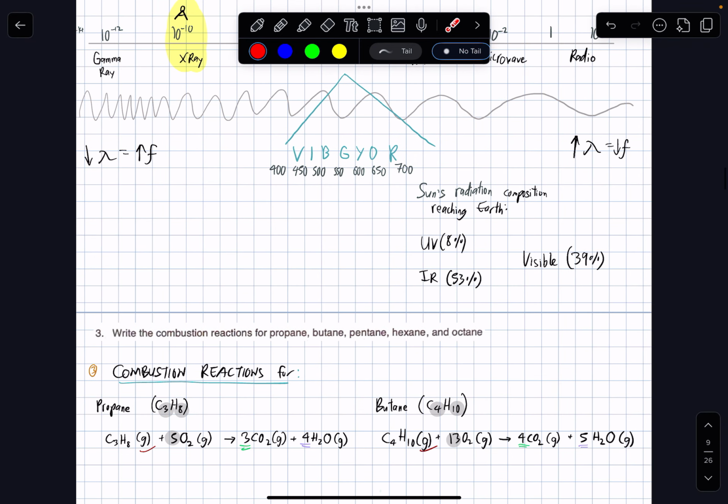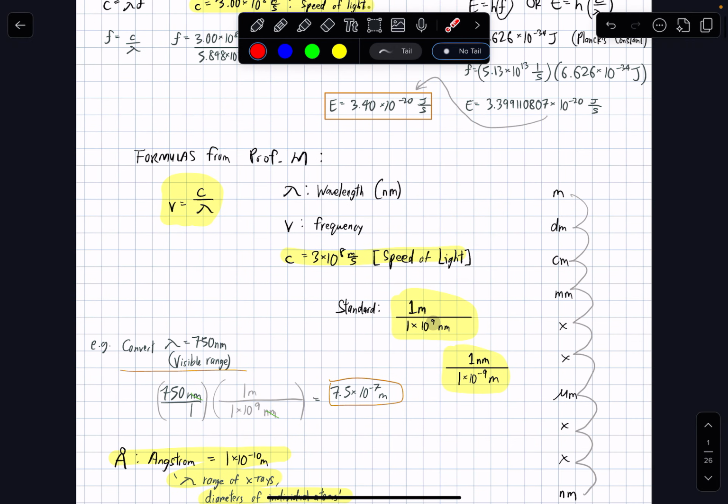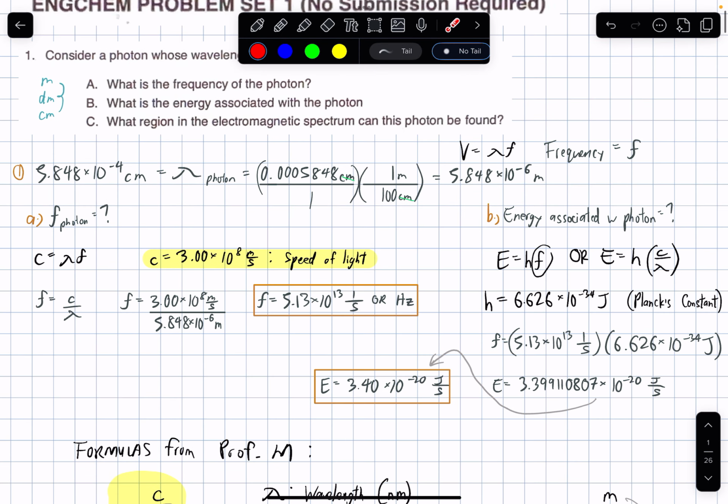Perhaps I don't have an answer to that yet, but let's assess. What region in the electromagnetic spectrum can this photon be found? So you're not supposed to look at the energy. That's what I initially thought.